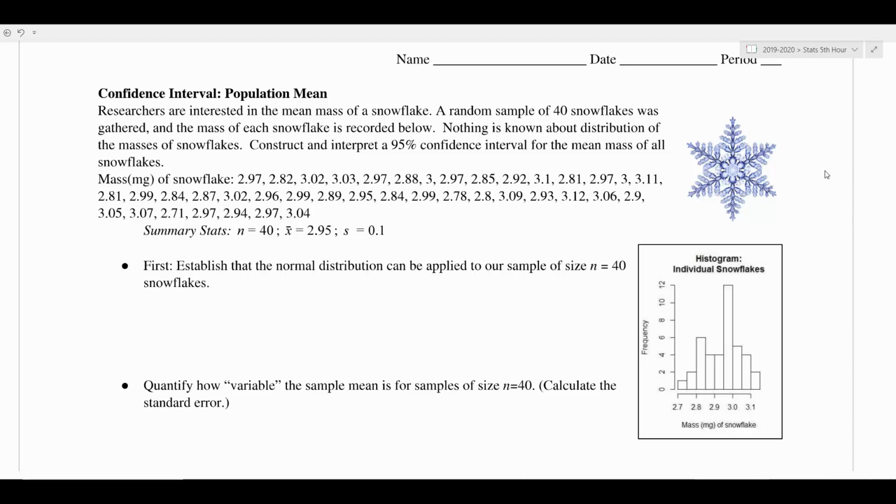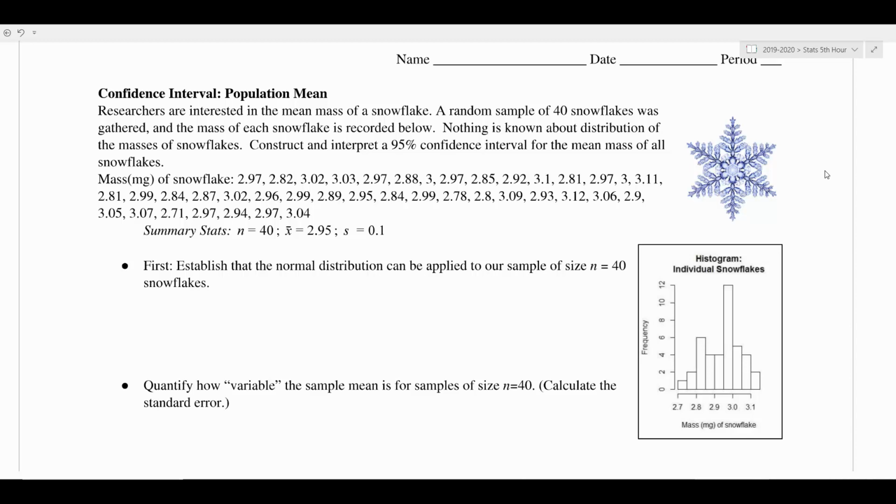All right, so today we're going to take another look at constructing a confidence interval for a different set of data. Yesterday we did M&Ms. Today we are going to take a look at estimating the mean mass of a snowflake. Yes, I know that is weird, but I found this data set in an old folder, which means at some point somebody taught this class and actually measured the mass of 40 snowflakes.